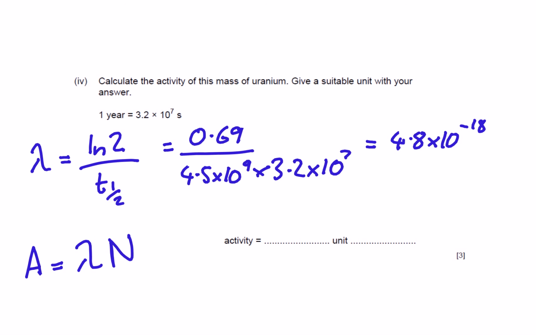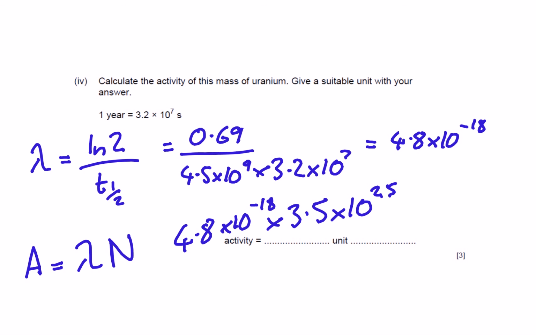So the decay constant is 4.8 times 10 to the minus 18 multiplied by the number of atoms given in the last part of the question, 3.5 times 10 to the 25, and that comes out giving us an activity of 1.7 times 10 to the 8, and the unit is the becquerel. Paper finished.